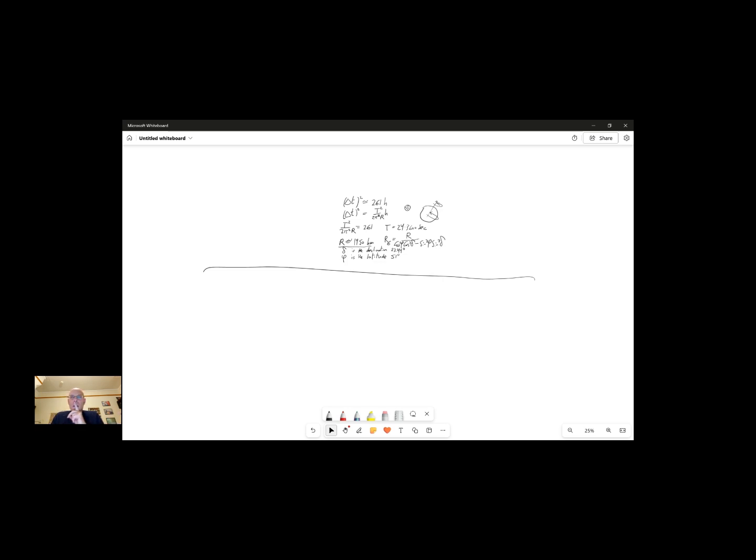And substituting in the formula, what we get is that the radius of Earth is 1,450 kilometers divided by 0.237.